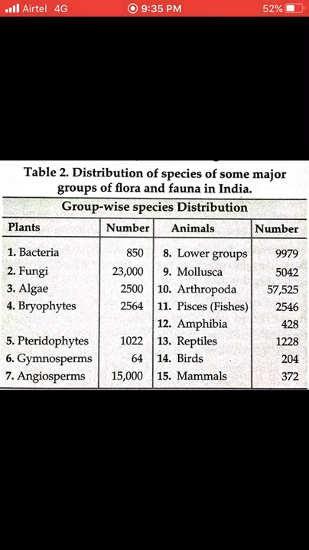Means how many species are residing on this globe? There are more than 1,18,000 species residing on this globe. That means a vast number of organisms or life forms is residing on this globe.